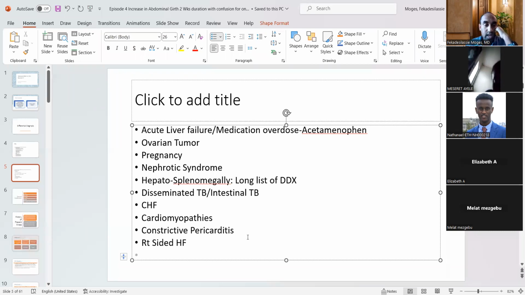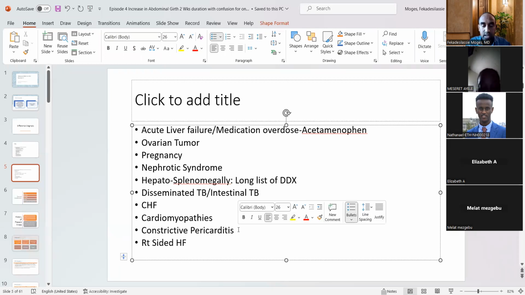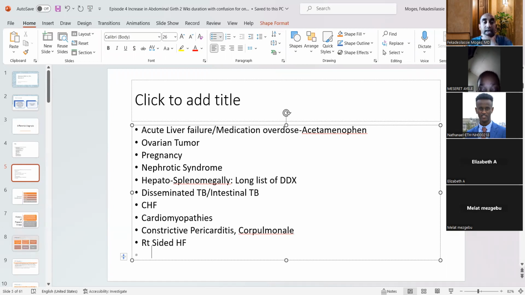It could be of any reason. Like, you can have cor pulmonale here, constrictive pericarditis, cor pulmonale, right-sided heart failure. Then, if you are thinking of the kidneys, most importantly, nephrotic syndrome is remarkably involved in the anasarca or ascites or whatever.